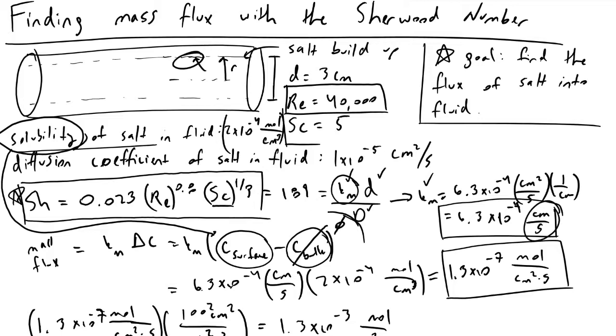And we were already given every other quantity, so once we got Km, and we were able to determine and assume that our bulk fluid had no concentration of salt in it, and we also made the assumption that at the interface between the salt and our fluid, it was saturated with salt, we were able to actually calculate our rate of mass flux, and all the while we are keeping track of our units so that we don't make the mistake of being orders of magnitude off in our final answer.